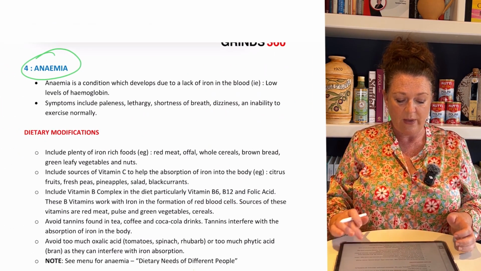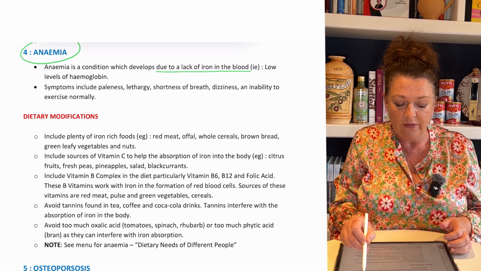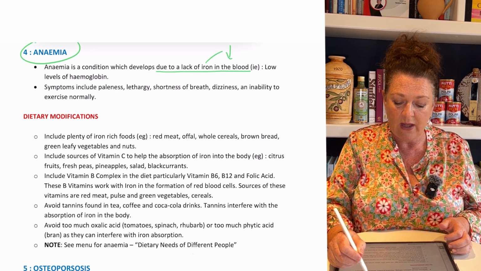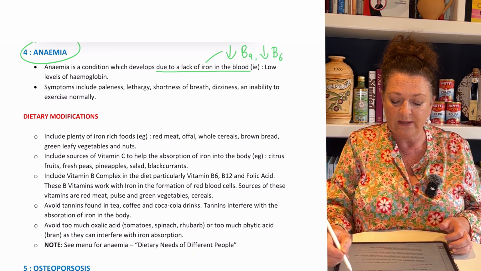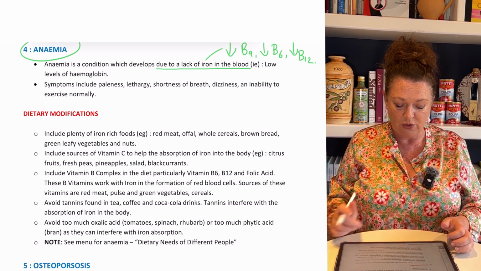Right, so just to go back here, anemia is a condition. It could be due to a lack of iron in the blood, or I want you to write down here a low level of vitamin B9, a low level of vitamin B6 pyridoxine, or a low level of B12.